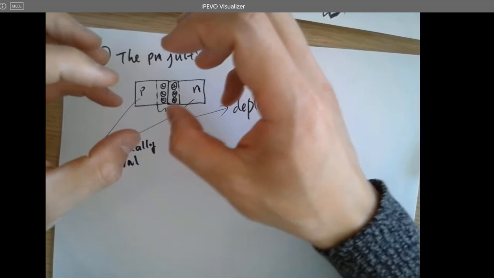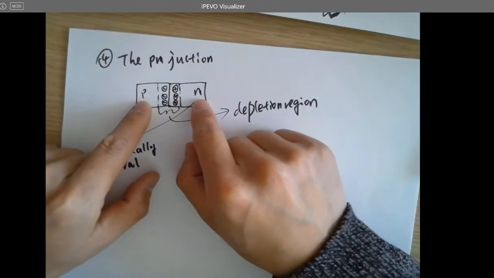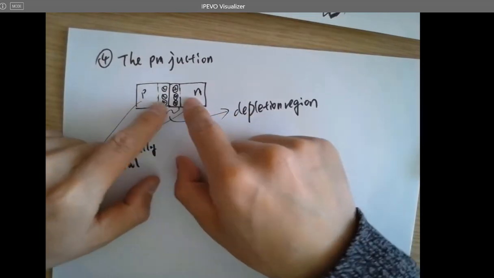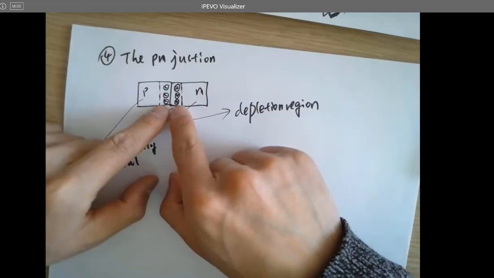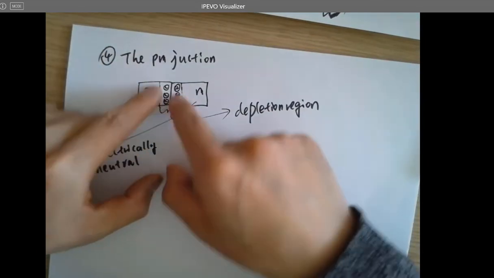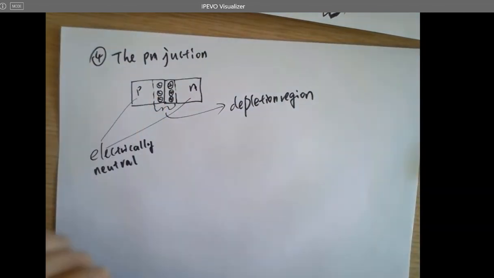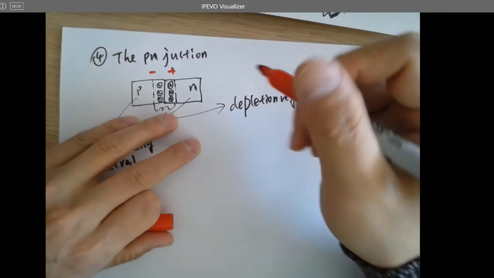At one moment, you have two pieces of these different types of semiconductors, and you put them together, and because of the concentration gradient, the charges will start moving to the other side and form these two areas. Because this is plus and this is minus, an electric field will be formed by this depletion region.